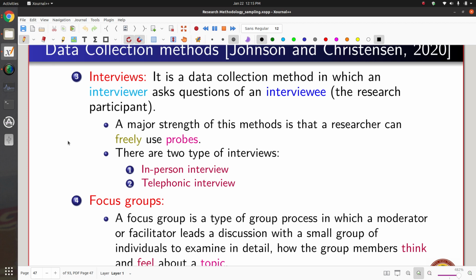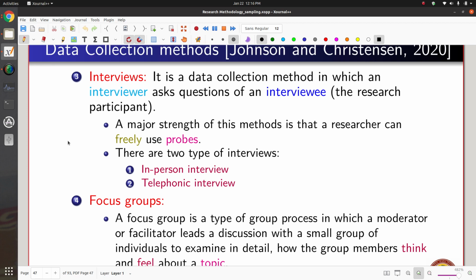Sometimes you may want only this order of questions to be followed, that means you should ask the questions to your participants in a given order only. You can specify that. And if your research permits, you may also give the interviewer the freedom to change the order of the questions that I have given to ask your participant. So it depends on the type of interview you are going to take.